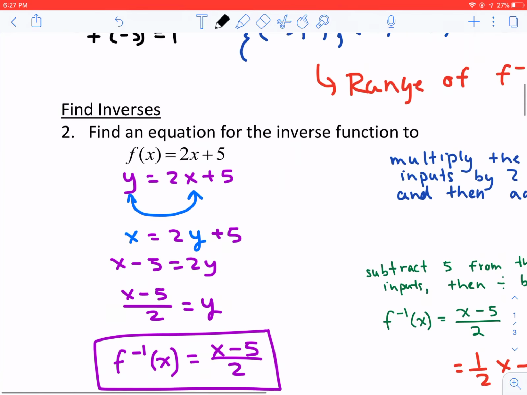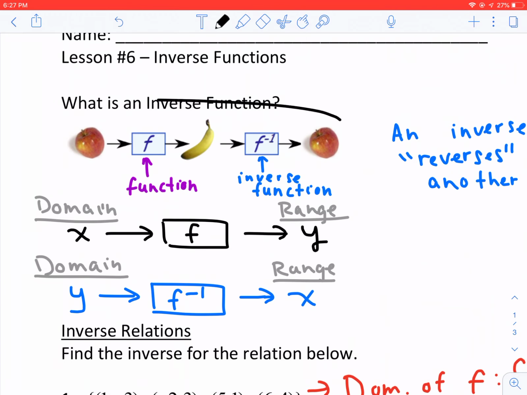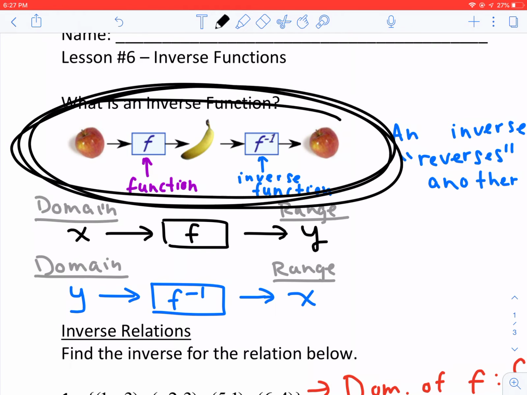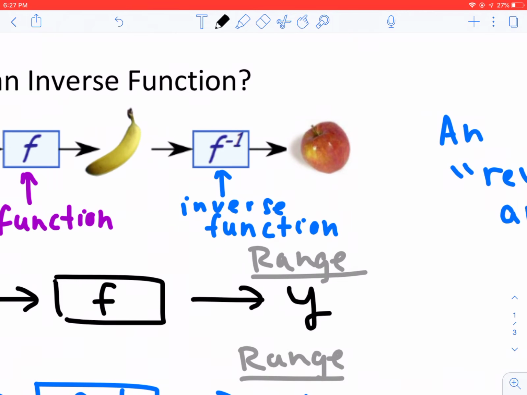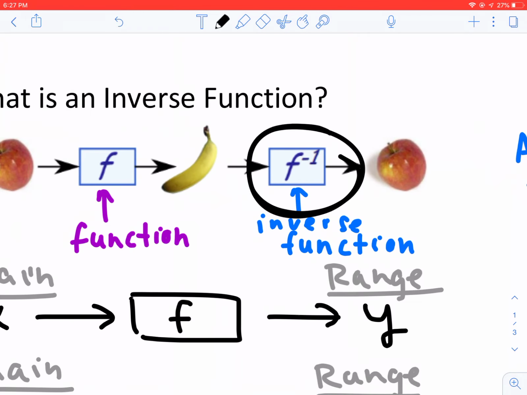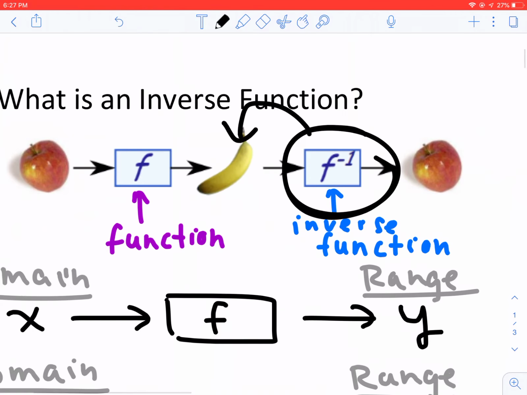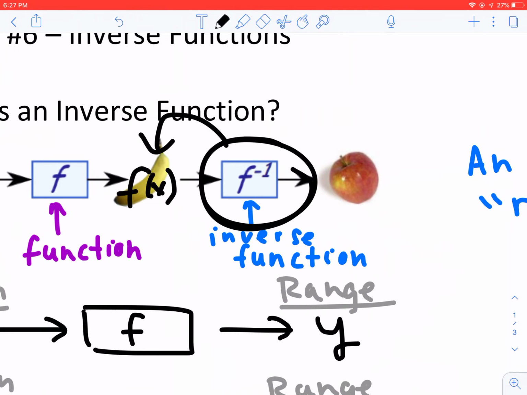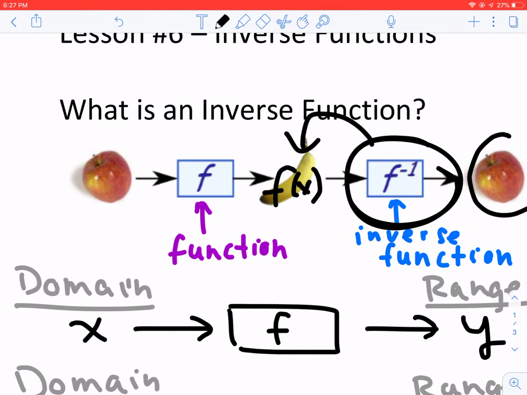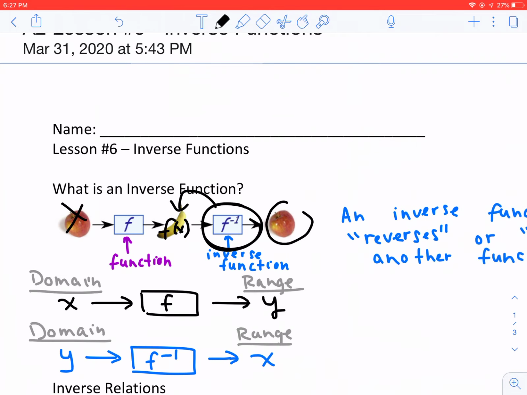Alright, and so pretty much what we're doing is this. We're composing the two functions together. I'm using my inverse function. I'm inputting the original function, right? This would be like f of x. And I get back out the original values of x.